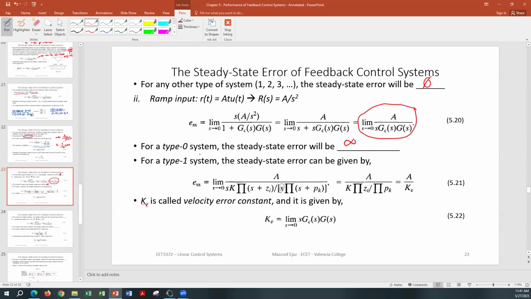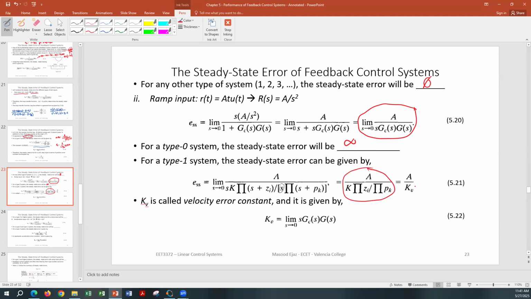If you have a type 1 system, s to the power 1, this s to the power 1 is going to be cancelled out by this s, and you will be left with A over the product of all the zeros divided by the product of all the poles. So for type 1 system, steady state error with the ramp input is simply given by this expression.